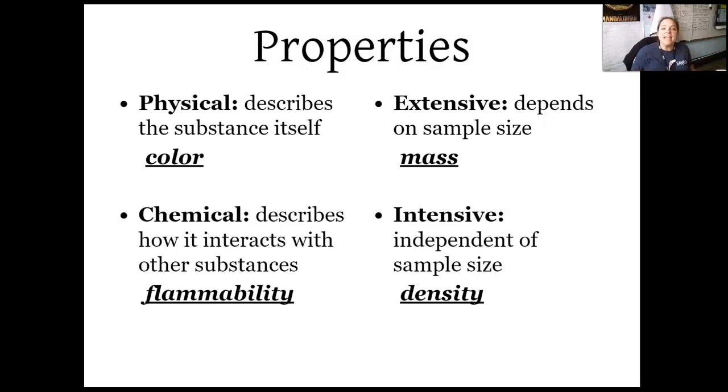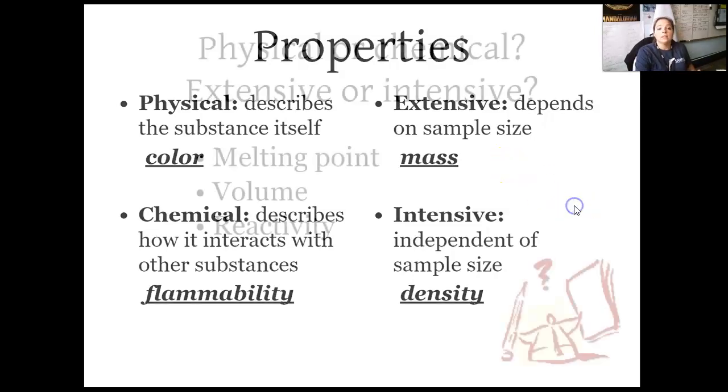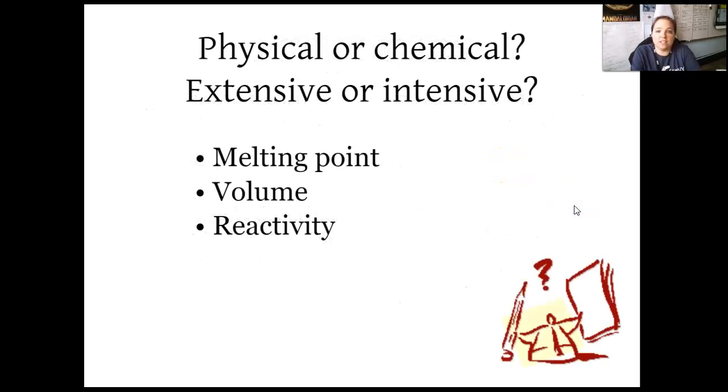Intensive, that's inside something. It's not showy on the outside. It's what's inside that matters. That's like density. It doesn't matter how big or how small it is. It's still going to have the same density all throughout.